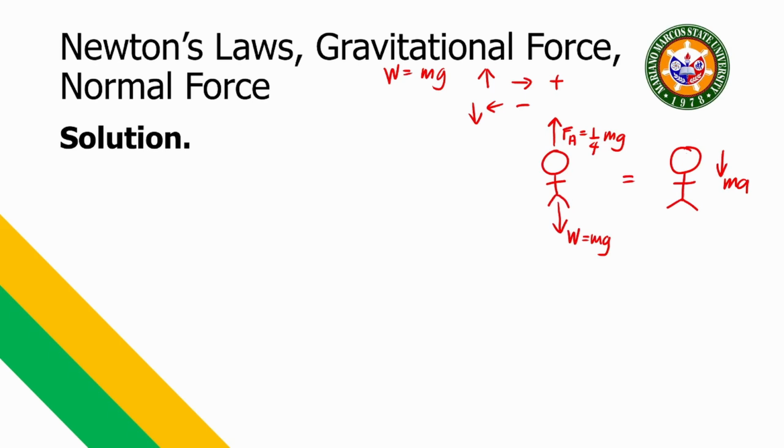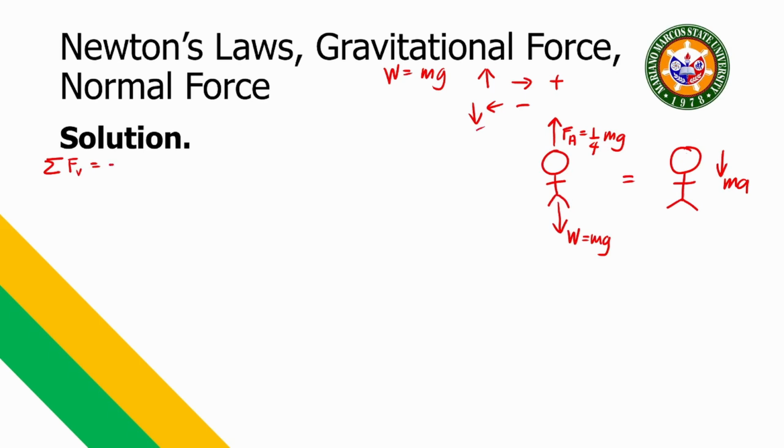First, we will take a look at the free body diagram of the diver who has not yet opened his parachute. We will take the summation of forces in the vertical direction. This is equal to mass times acceleration. His acceleration is downwards, and we consider downwards to be negative.